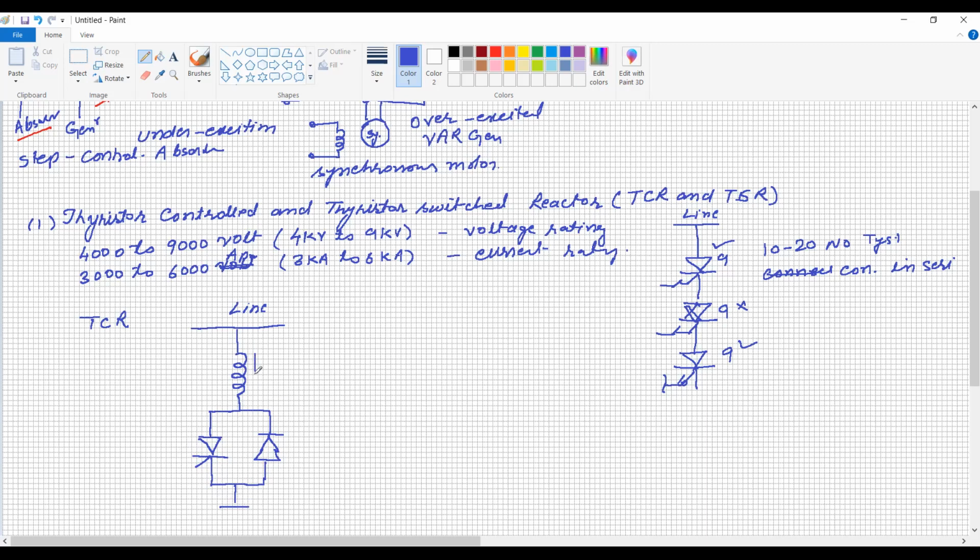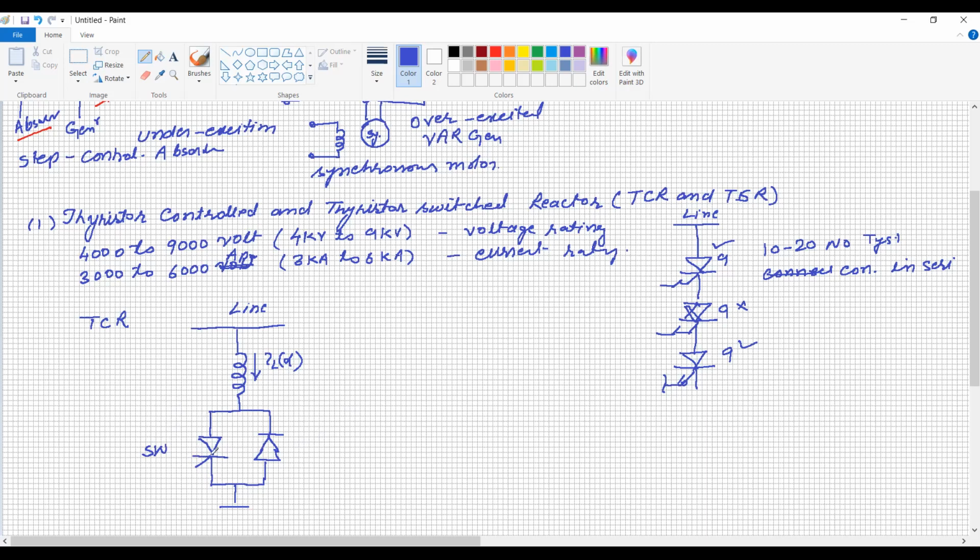So this is the direction of current, and the direction of current is IL. Inductive current is a function of the delay angle or conduction angle, isn't it? So it may be acting as a controllable switch. So these are the thyristor valves.